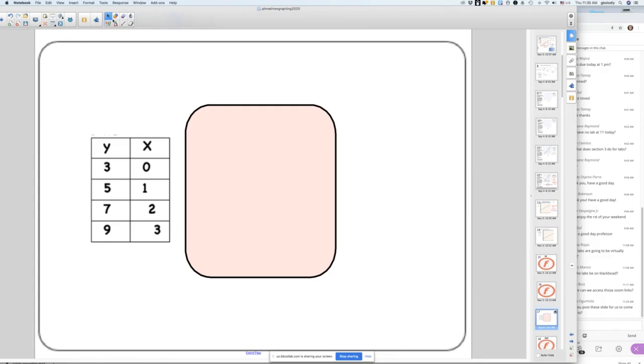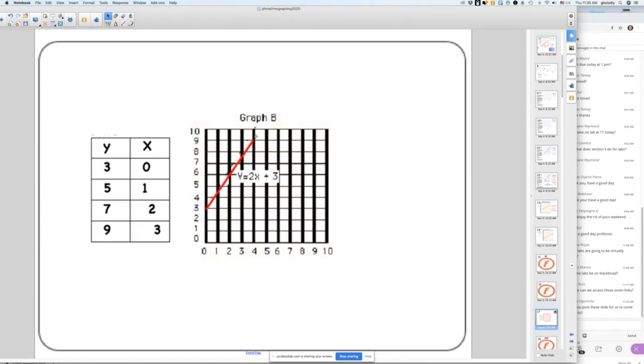But if you did the graph using these 5 points, you would get a straight line. And if you were to find the slope of this line, you would find the slope is 2. And it crosses the y-axis at 3. So the equation is y equals 2, which is the slope, x plus 3. And this is the y-intercept, 3, over here.